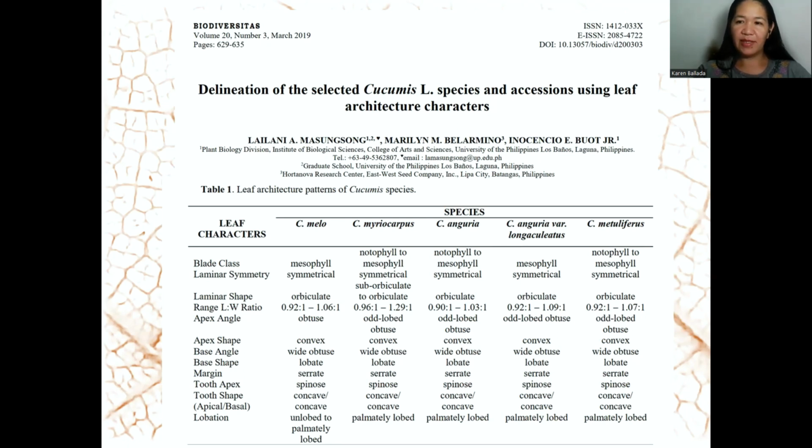And these are the different character patterns that they were able to generate in terms of blade class, laminar symmetry, laminar shape, length to width ratio, apex angle, apex shape, base angle, base shape, margin, tooth apex, tooth shape, up to lobation.